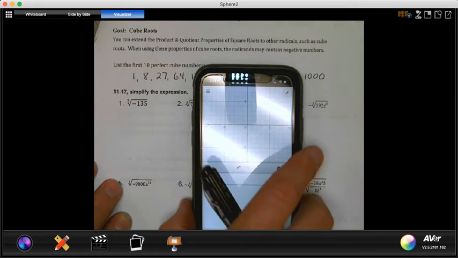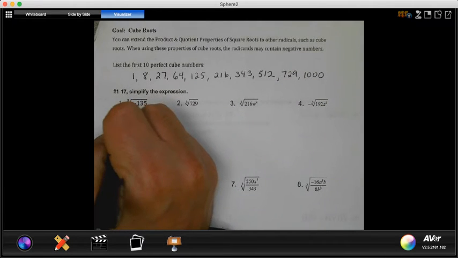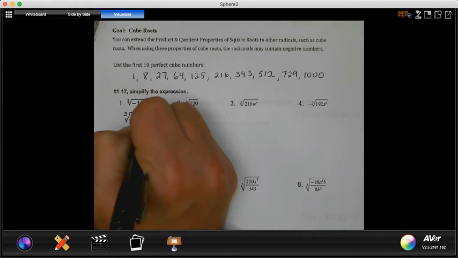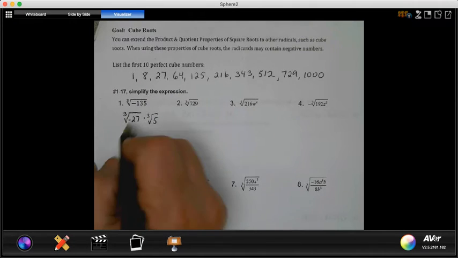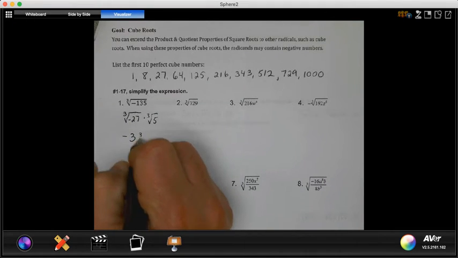So that's going to be my breakdown. I'm going to break down as the cube root of negative 27 times the cube root of 5. And the cube root of 27 is 3. So the cube root of negative 27 is negative 3. So that's negative 3 and then cube root 5.